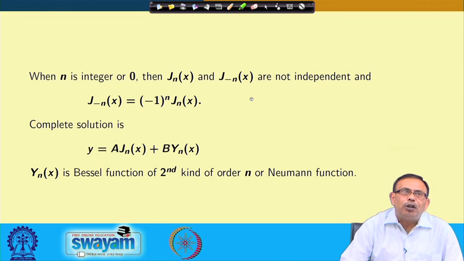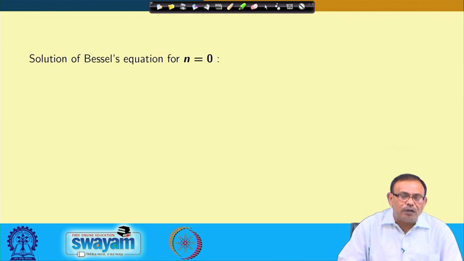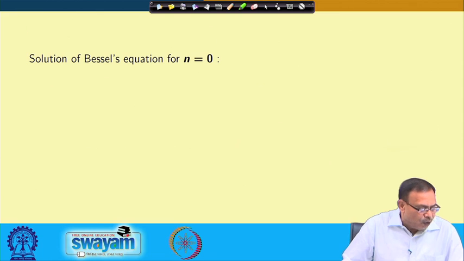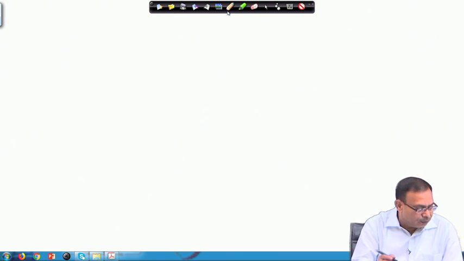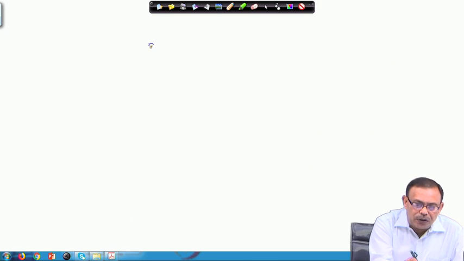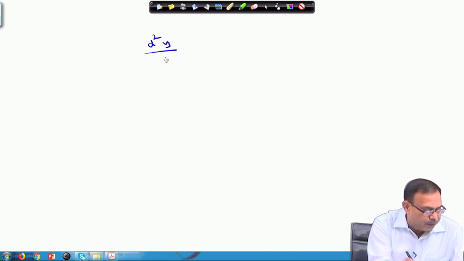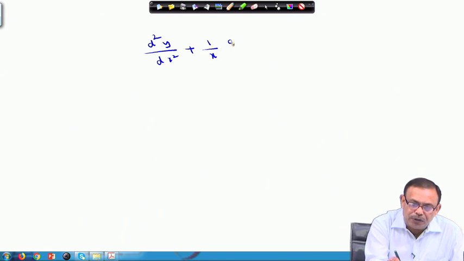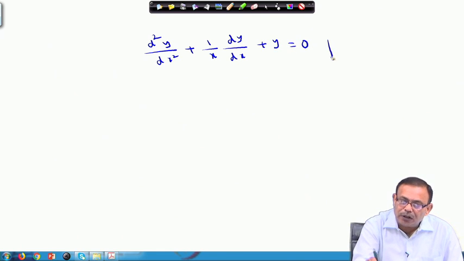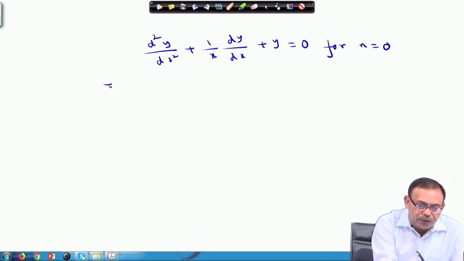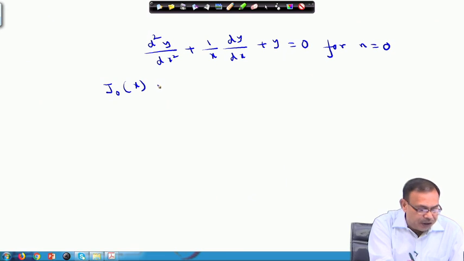Now, the solution of the Bessel equation for n equals 0. What happens? Whenever n is 0, the equation is transformed to d 2 y dx square plus 1 by x dy dx plus y equals 0. This equation is known as the Bessel equation for n equals 0, and the solution we write in the form of J 0 x.